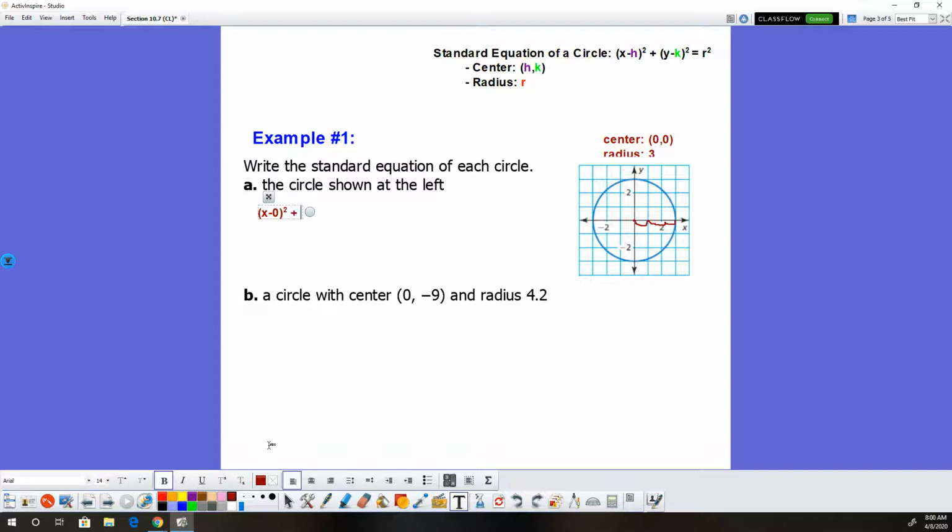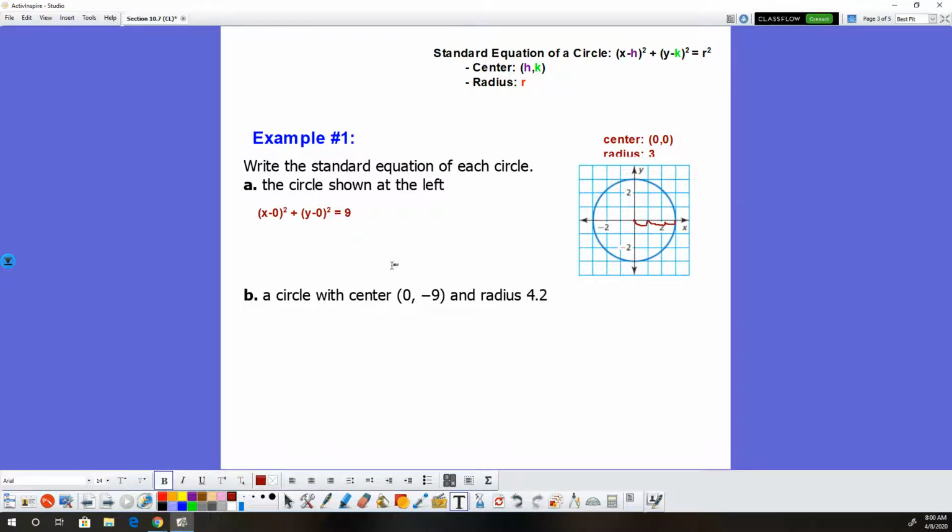And then it's going to be plus y minus my k, which is the y value of my center. So this is also 0 squared. And that's going to equal my r squared, and my r is 3. So 3 squared is just 9.